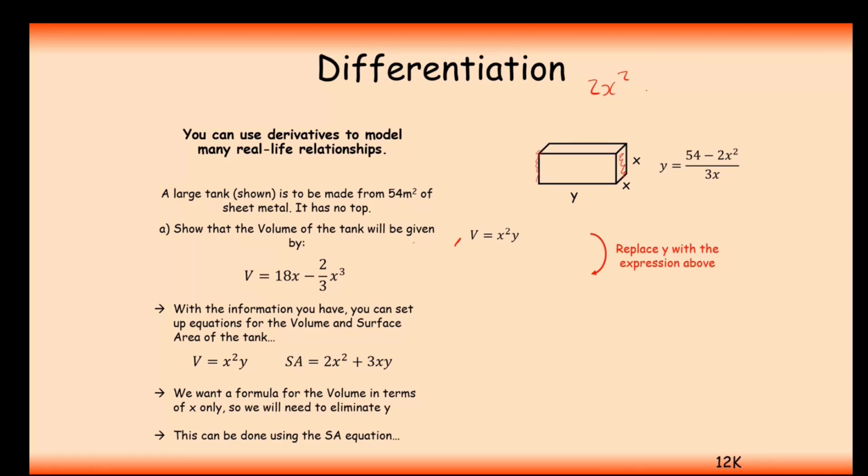Now can we see we've got plus xy, which gives us this, and we've got 3 lots of xy. That's the front, back and bottom, and we know that equals 54.